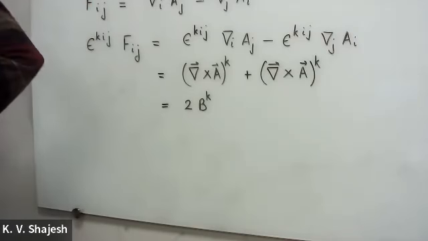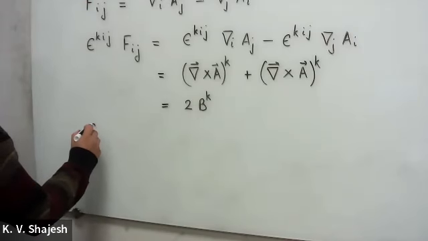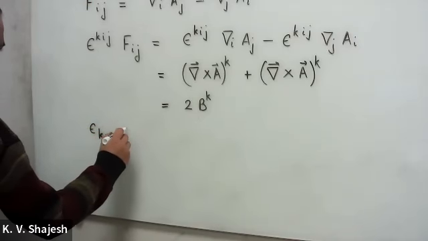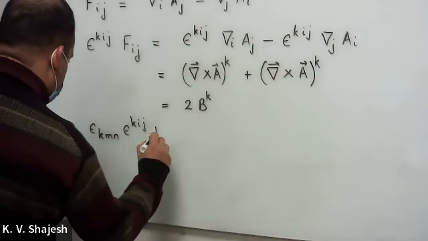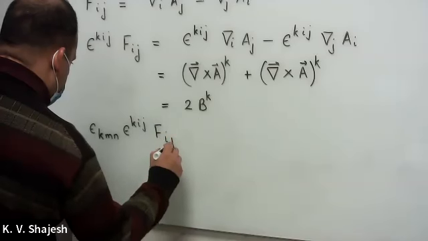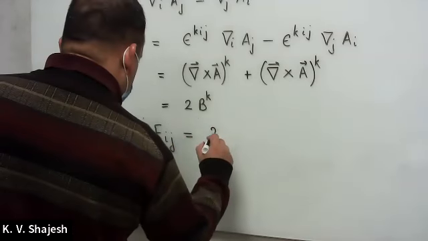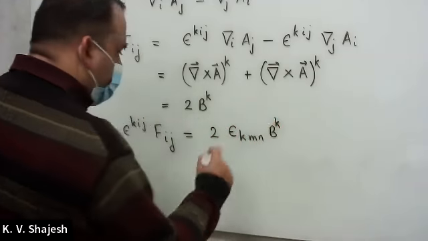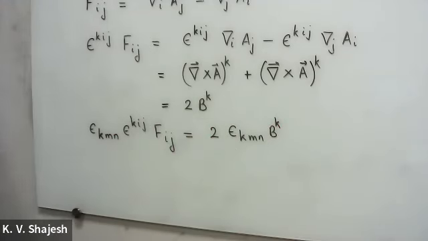Now once we have reached this state, I multiply this with epsilon k m n and F i j. So that means this is 2 times epsilon k m n times B k. I'm trying to get the F i j out, and this seems like I'm going farther and farther from it, but it will come out that this will help.